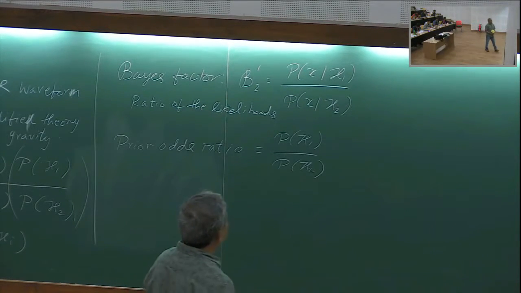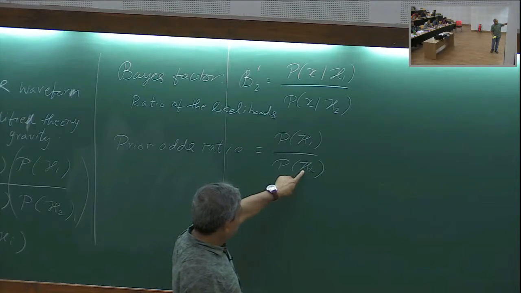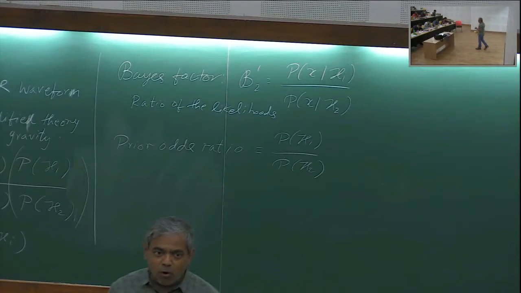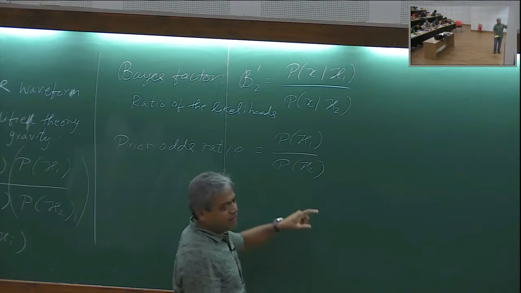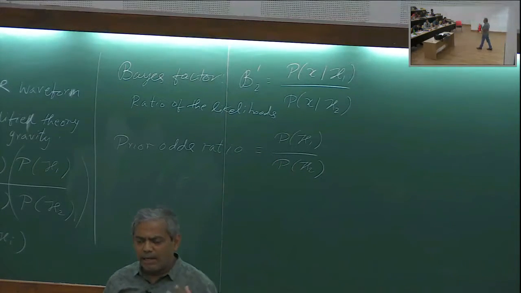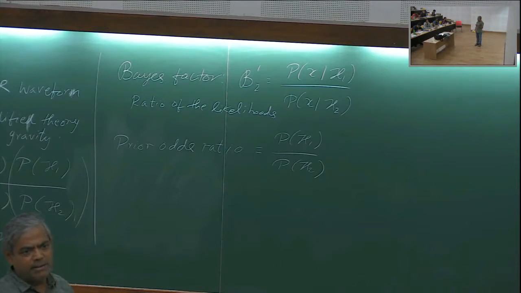We might think that it's more likely to have a signal model than the noise model, or it's more likely for GR to be correct than the alternative theory. We are going to bias that ratio. So that is not what should really be taken as evidence for this odds ratio.